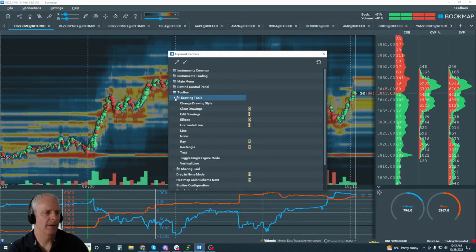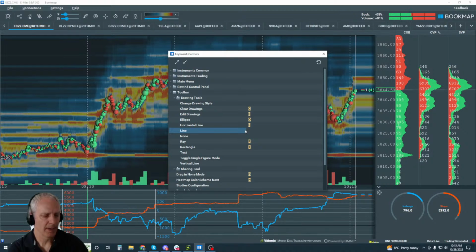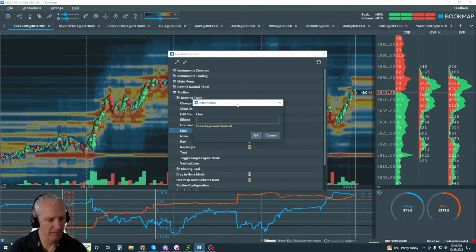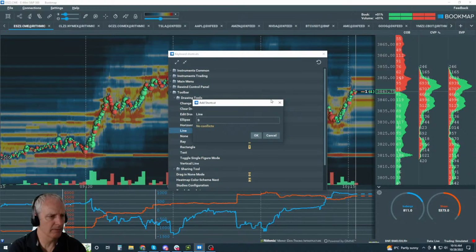Open that up, and in here, all you have to do, let's say you want to put in a line, you can put in just a one letter, or just right click in here first and add the shortcut. So what do I want to say for a line? We can say it's a line segment or something.